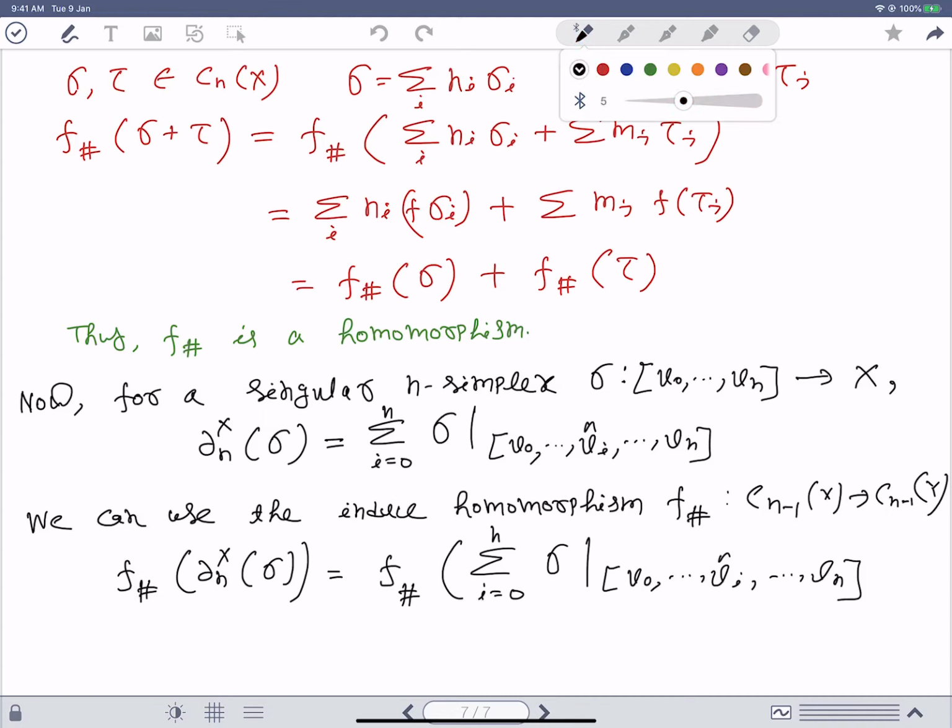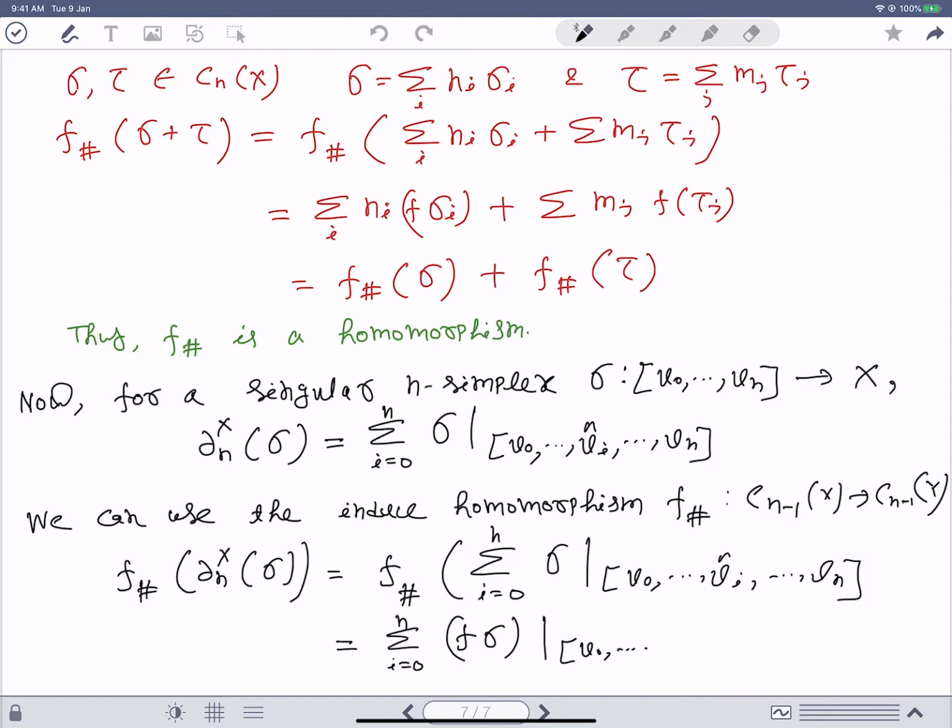Now by definition this will be summation i equal to 0 to n f of sigma restricted over v0 ... vi cap ... vn.